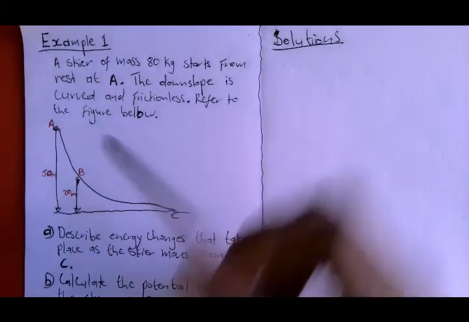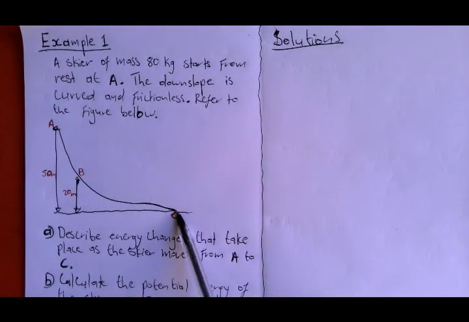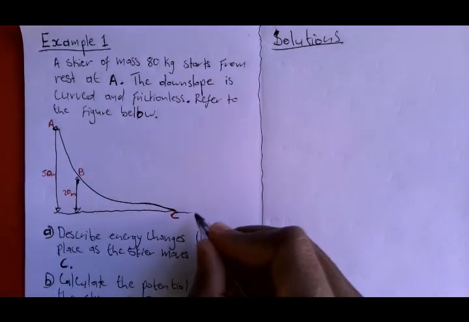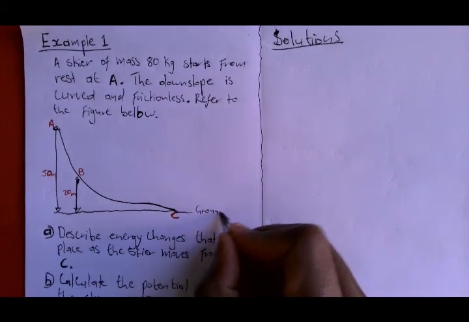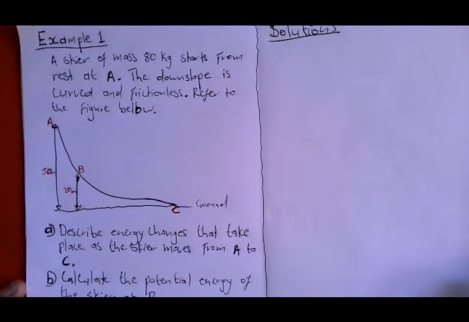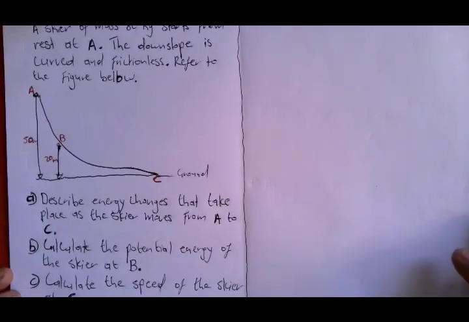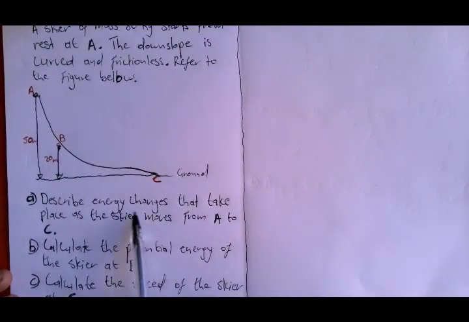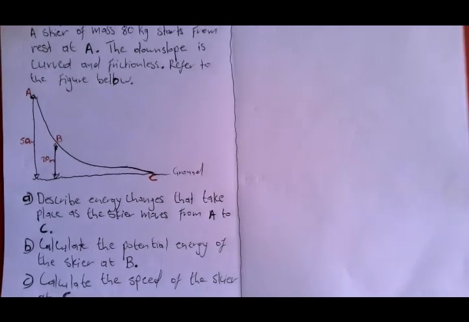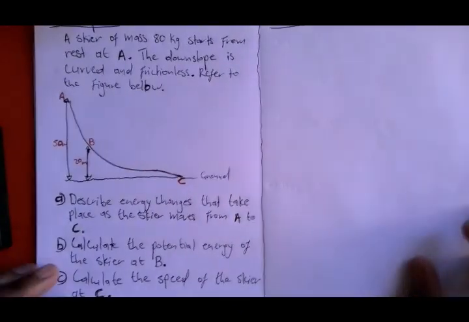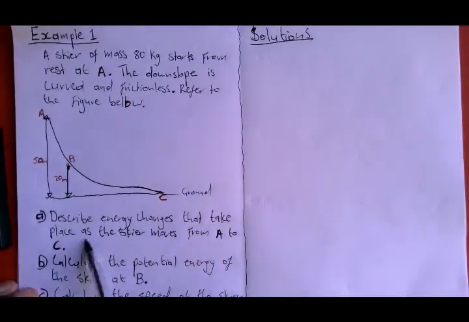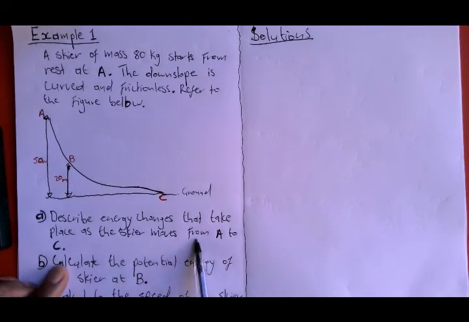We have A, B, C. This is the ground. Now, we are asked to describe the energy changes that take place as the skier moves from A to C.